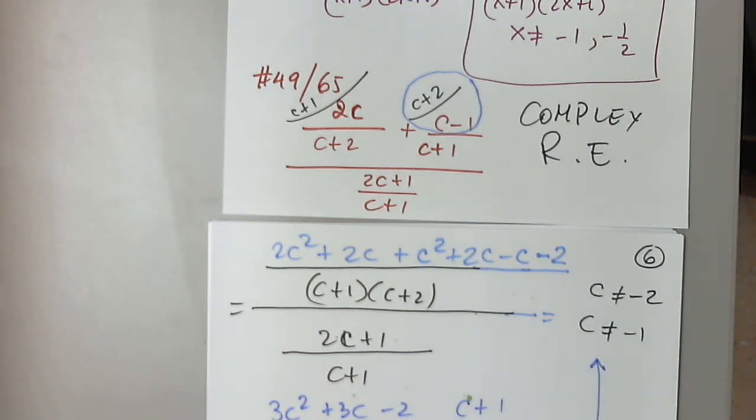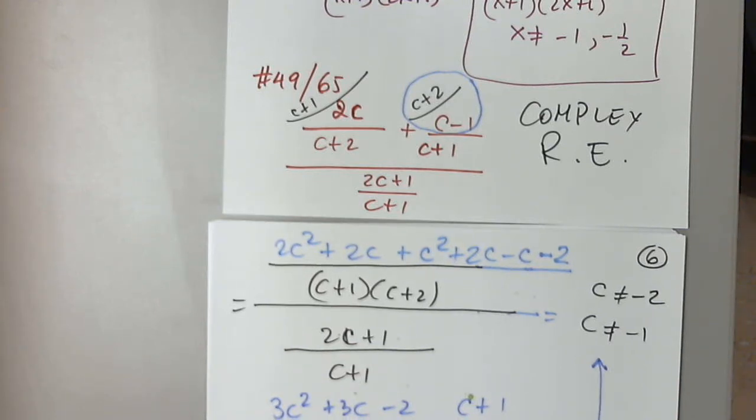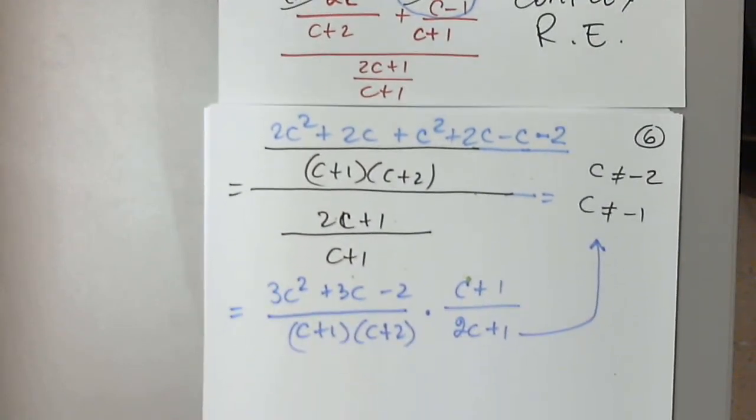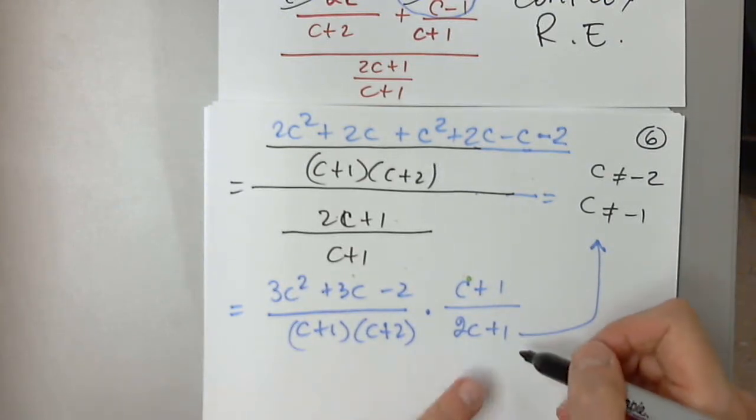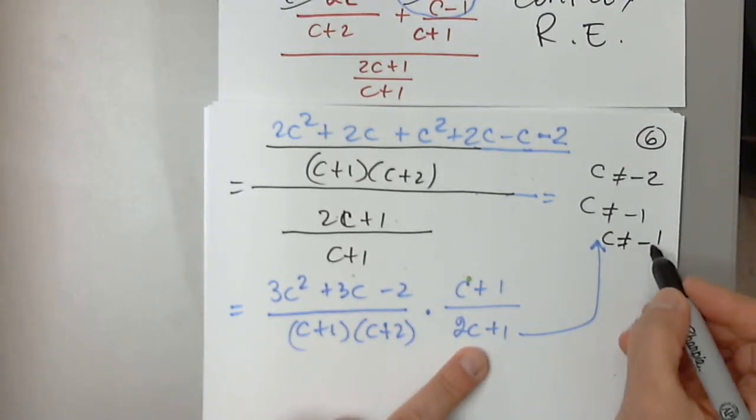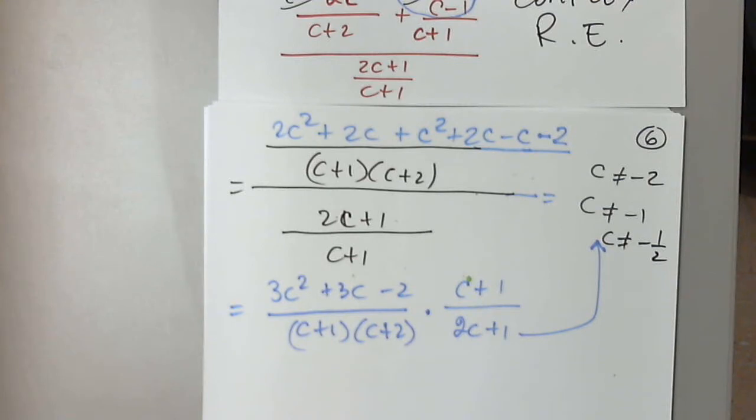And now there is an extra restriction here. C cannot be -1/2. Now, I do have to ask myself if this is factorable.